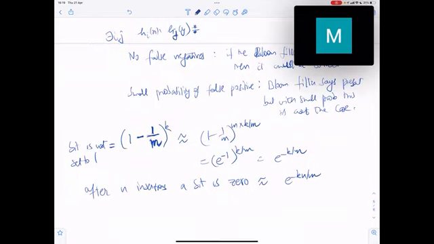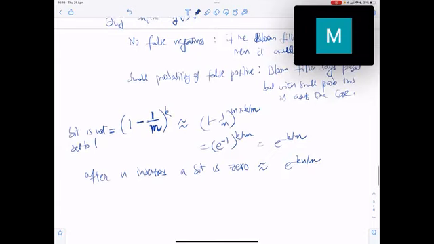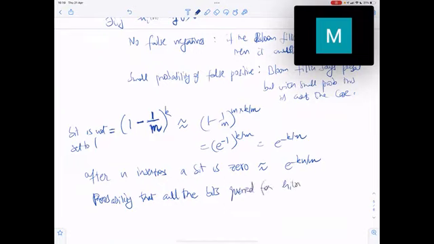And now the probability that, this is where the heuristic part comes in, the probability that all the bits queried for h_i(x), i belonging to 1 through k, are 1.